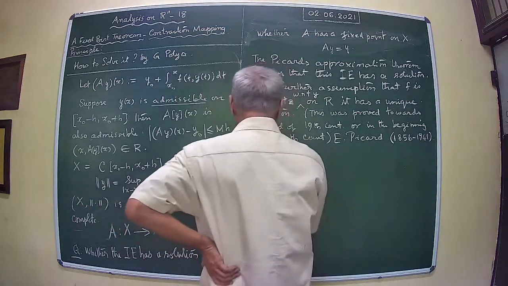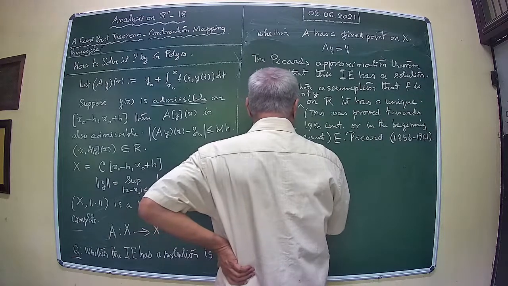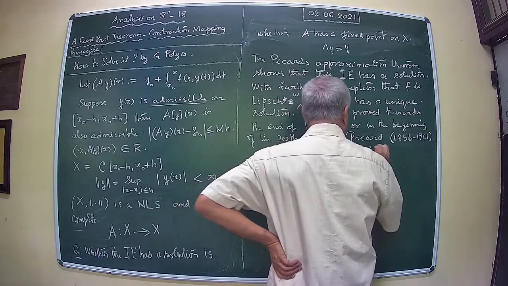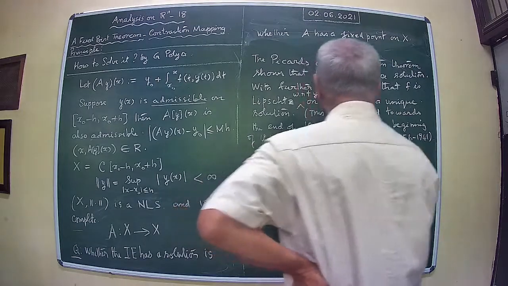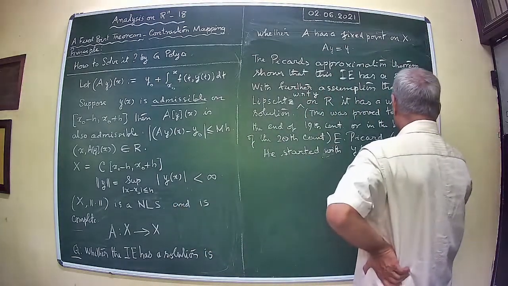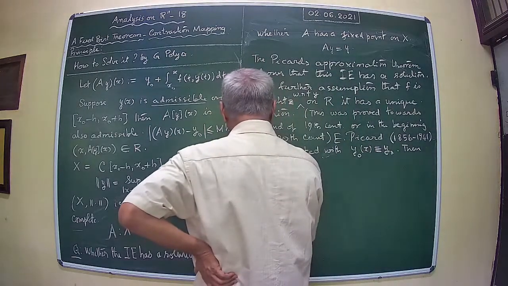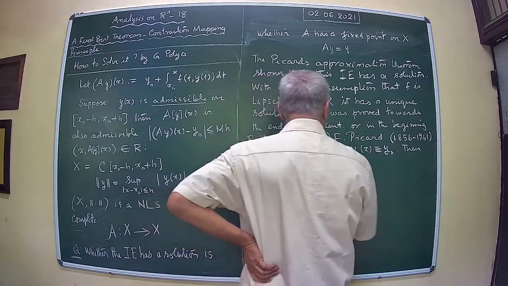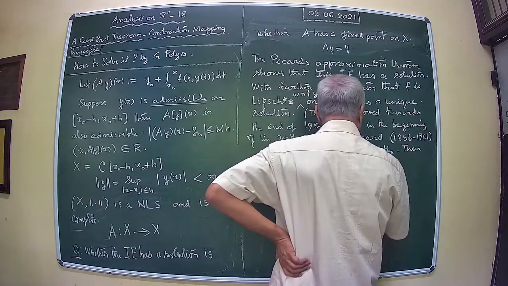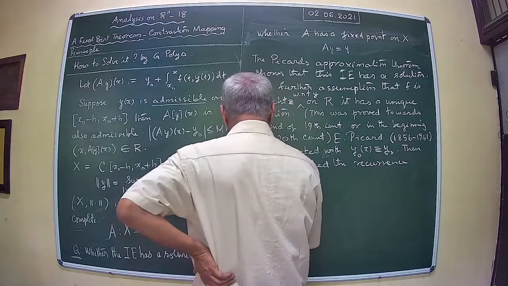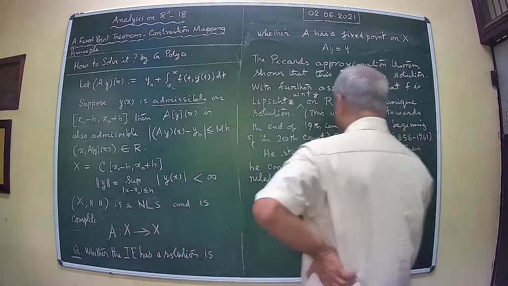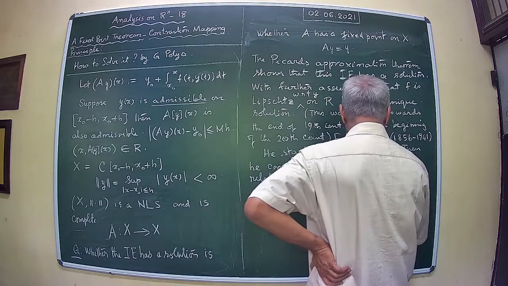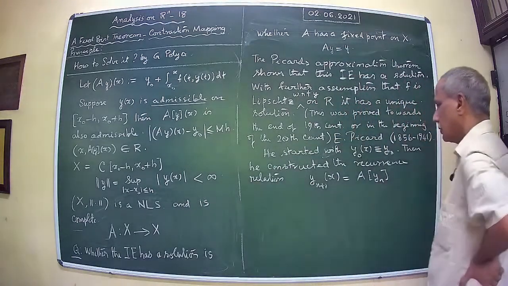He started with the constant function y of x equal to y0. Then he iterated, so he got a sequence.